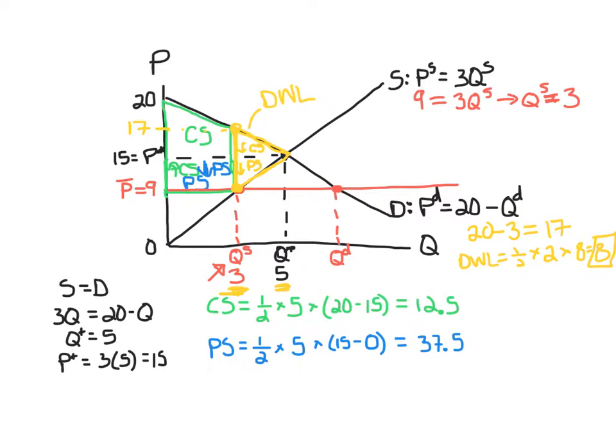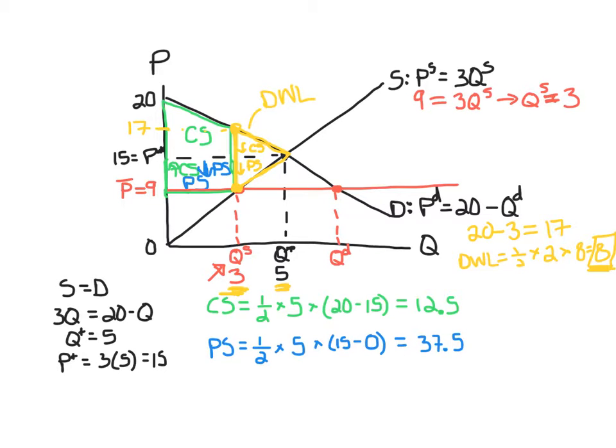All right, so next we're going to look specifically at the consumers and the producers. So we've just shown that there's a deadweight loss of 8, meaning overall in this market, the price ceiling caused a welfare loss equal to $8. But then let's look more specifically at the consumers and the producers. So we know that the consumers both gained and lost, depending on which consumer you are, right?